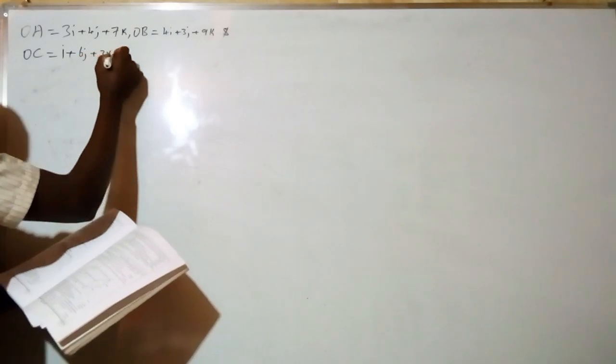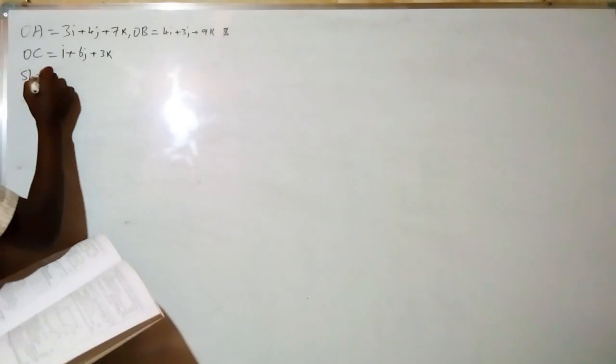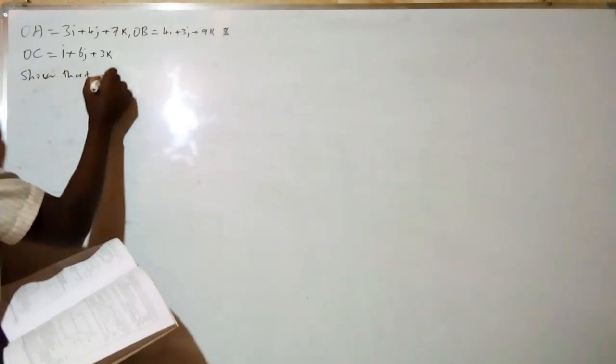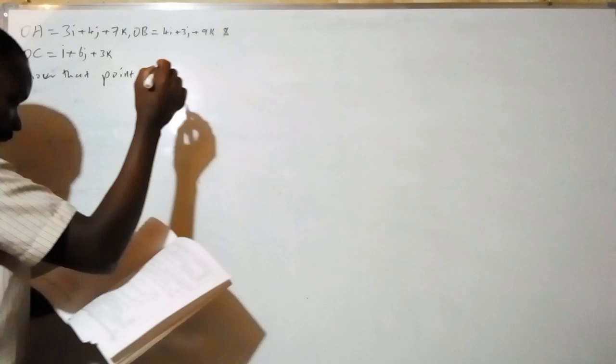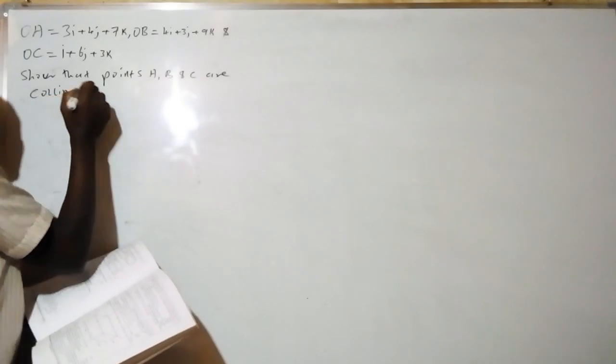Show that points A, B, and C are collinear.